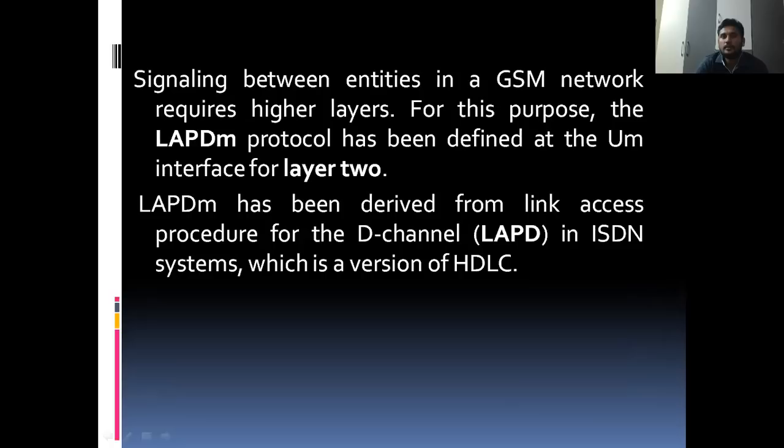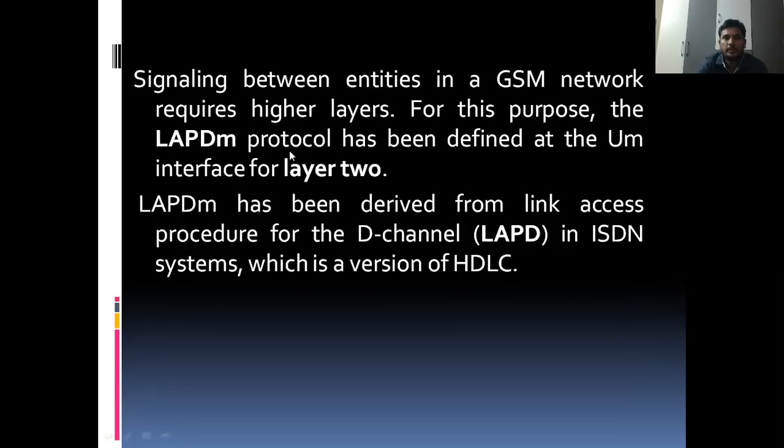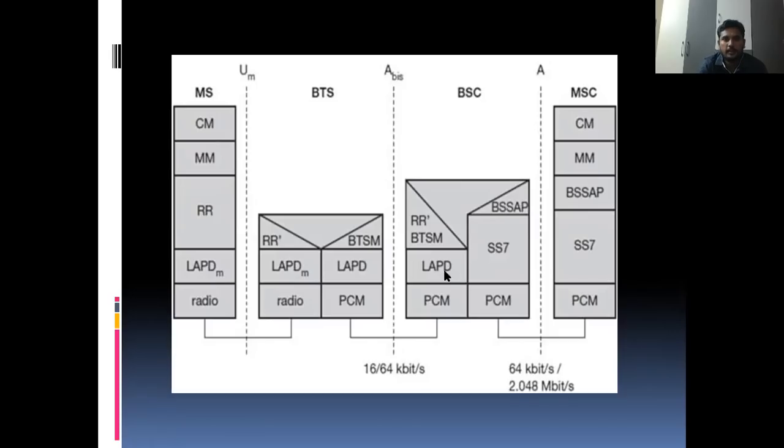For this purpose, the LAPDm protocol has been defined at the Um interface for layer 2. LAPDm has been derived from the link access procedure for the D channel, that is LAPD.